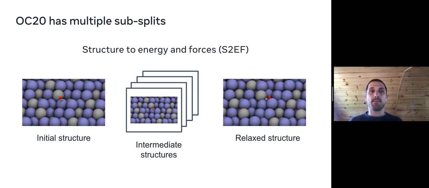So OC20 has multiple subsplits, and these are based on the task. The first that I'm going to talk about is structure to energy and forces. So you take a structure, predict the energy and forces of that structure. The OC20 S2EF data has initial structures, intermediate structures along the trajectory, and the relaxed structure, in addition to the energy and force labels.